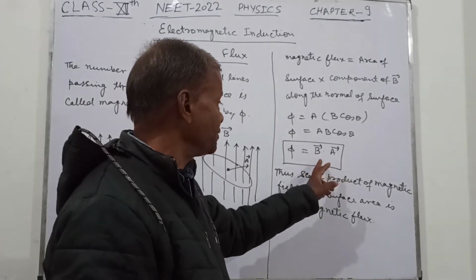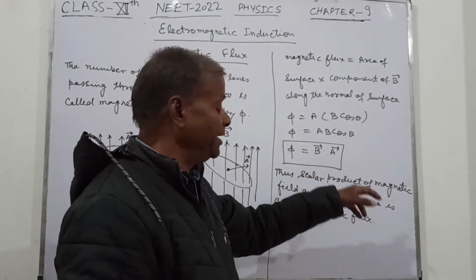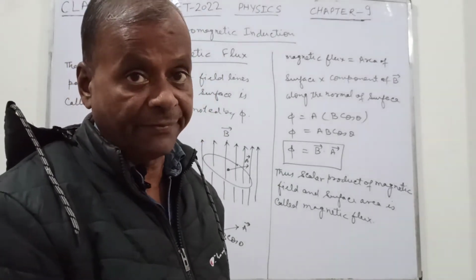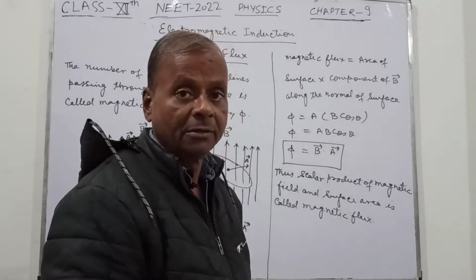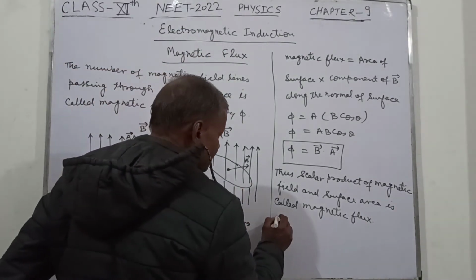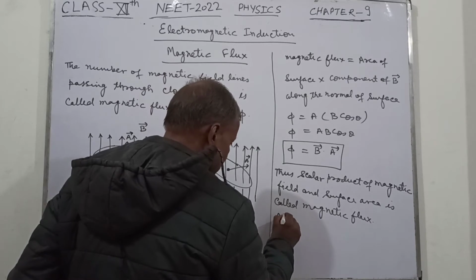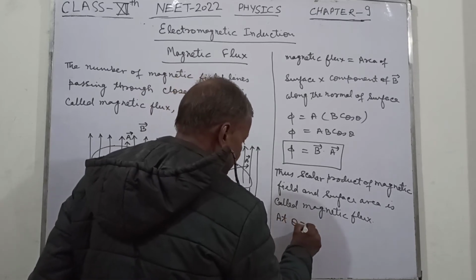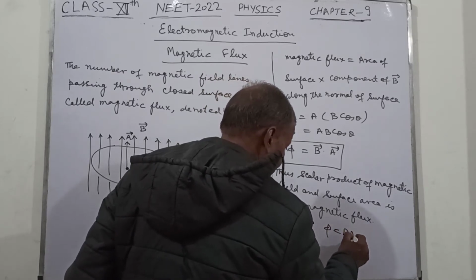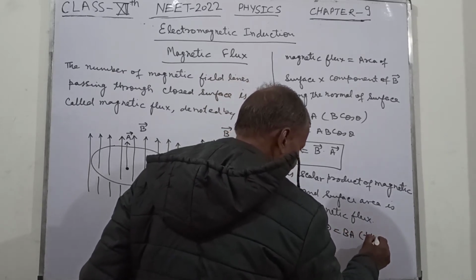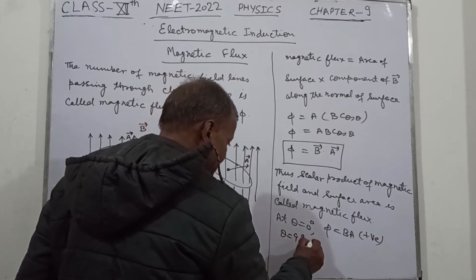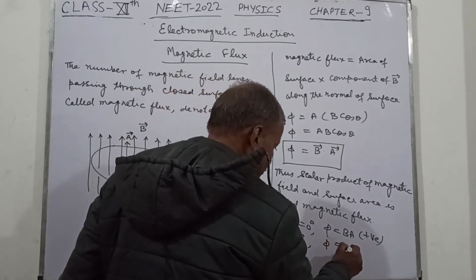So from here you can see that if neither B nor A is equal to 0 but theta varies, then the flux phi will vary. At theta equal to 0 degrees, phi is equal to BA, which is a positive value. At theta equal to 90 degrees, phi is equal to 0.